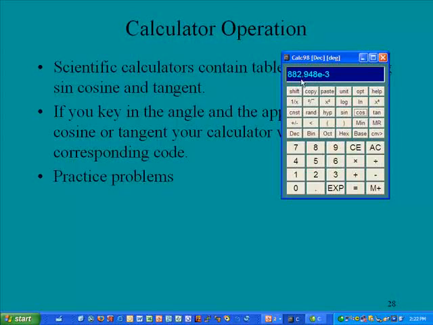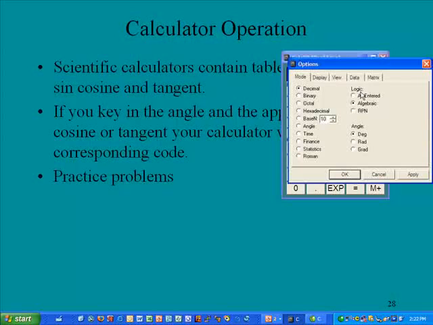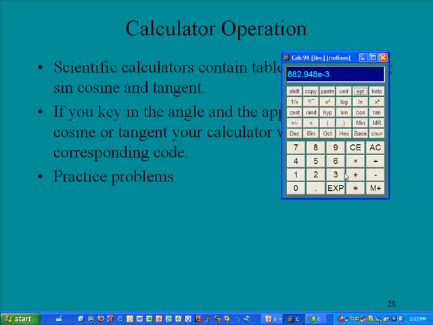Then the next one is actually in radians, and if you're going to do that, you'll need to go to your options here and change to radians. Here we have the sine of 3.6 radians, so let's enter 3.6, and we'll do the sine, and the value is minus 0.442. Now if we'd done that in degrees, that would be a different value.